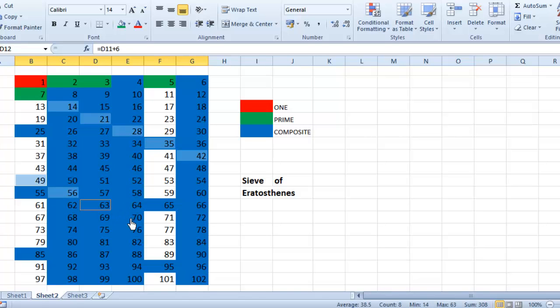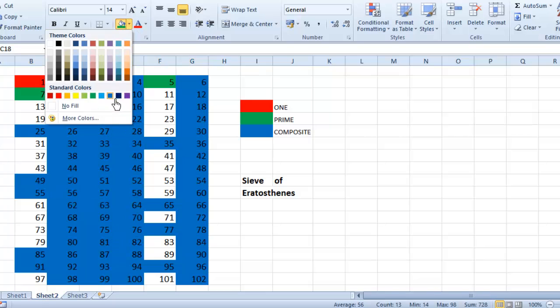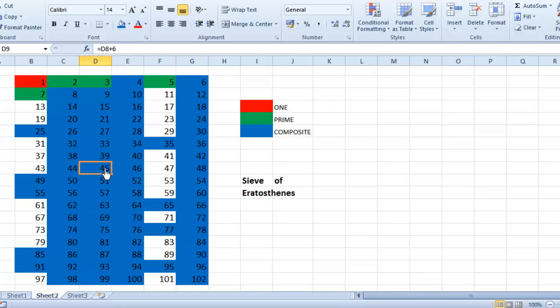Then 56, 63, 70, 77, 84, then we have 91, 98, and all these numbers are multiples of 7. So they are going to be marked in blue. So all these numbers are composite numbers.